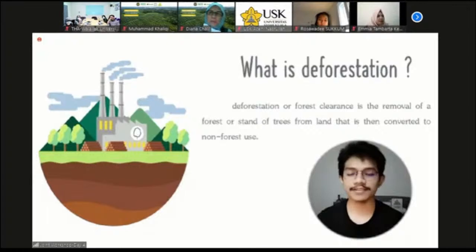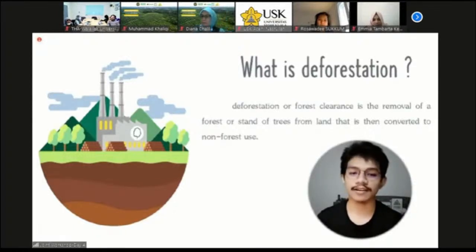People have been deforesting the earth for thousands of years to clear land for crops or livestock. Then, what is the definition of deforestation? Deforestation, or forest clearance, is the removal of forests or stands of trees from land that is then converted to non-forest use.